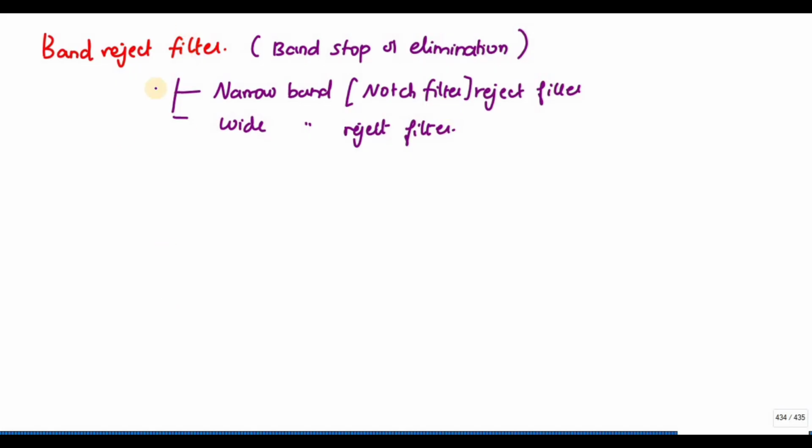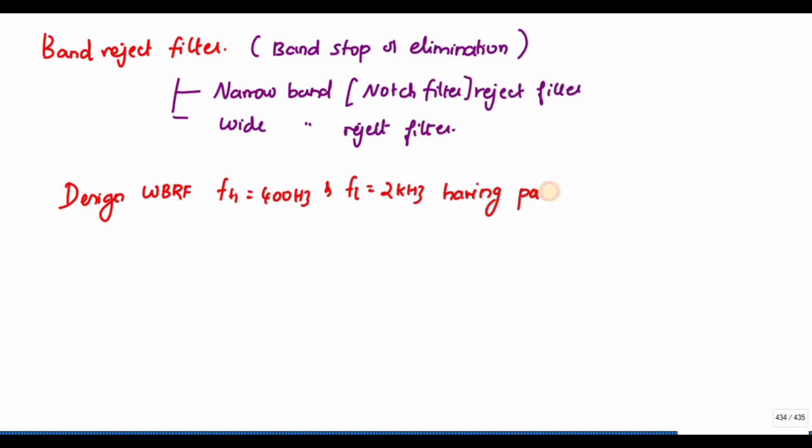The question asks us to design a wide band reject filter, given FH equal to 400 hertz and FL equal to 2 kilohertz, with a passband gain of 2.